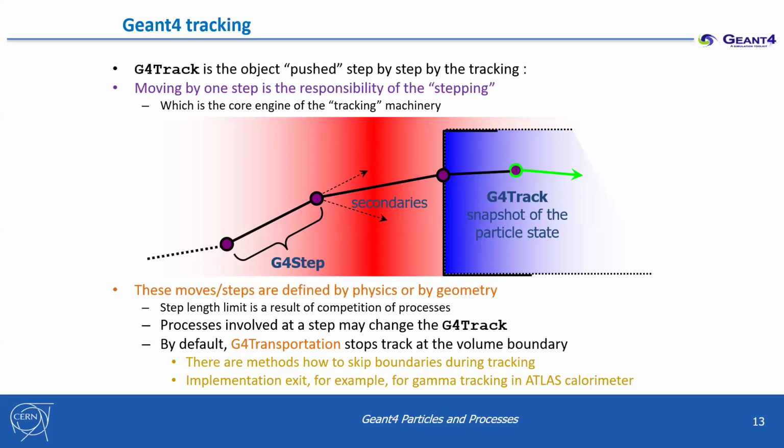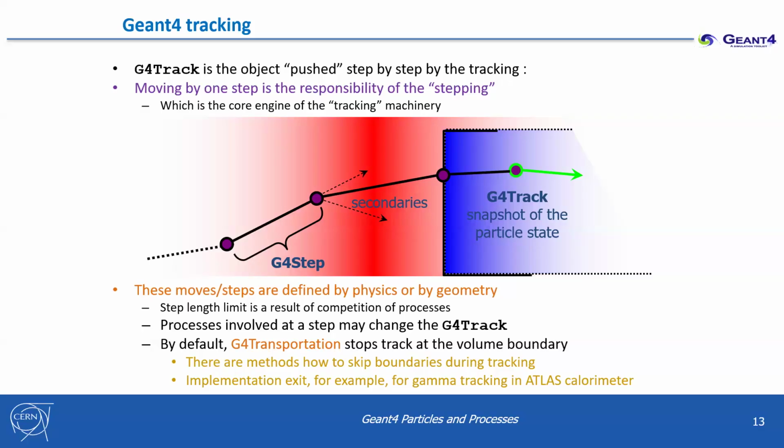Step length is a result of competition of all involved processes which propose step length, and the minimal value of step length is taken. There are different kinds of processes. There are processes which define, for example, step limits. They don't want the step to be too big.